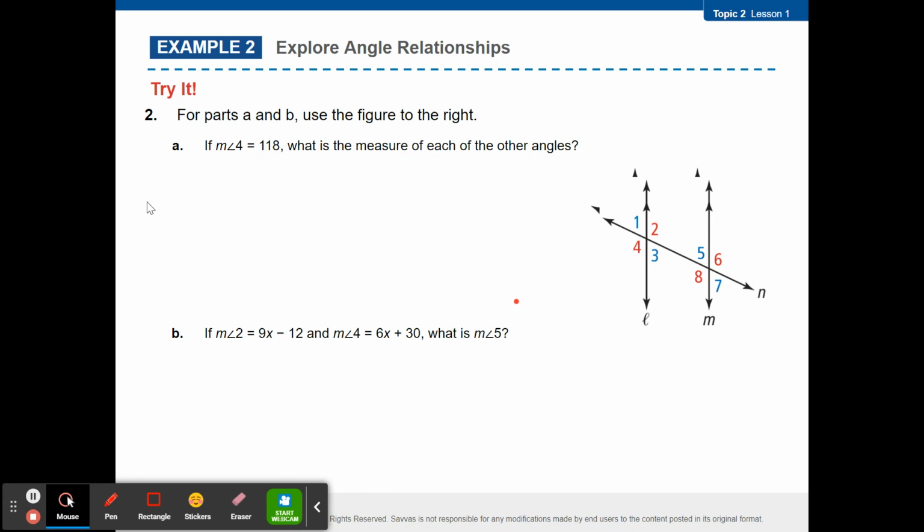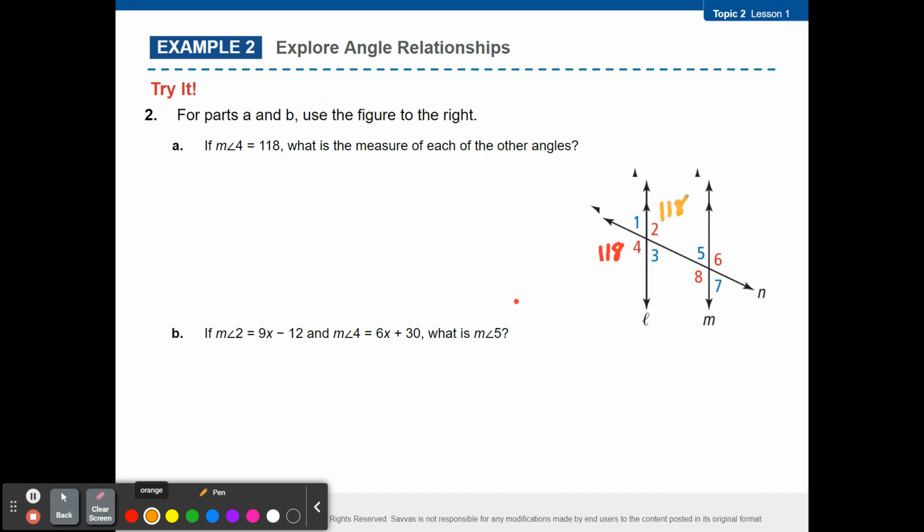Okay, anybody still writing this down? I'd like to go through it. Alrighty, so let's take a look at part A. It says, if the measure of angle 4 equals 118, what is the measure of the other angles? So angle 4 is 118 degrees. Now that means I know that angle 2 is also what? 118.